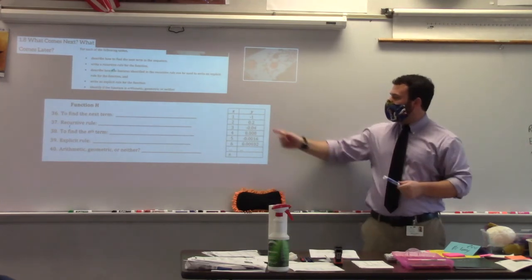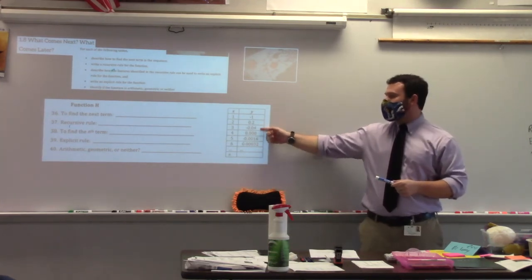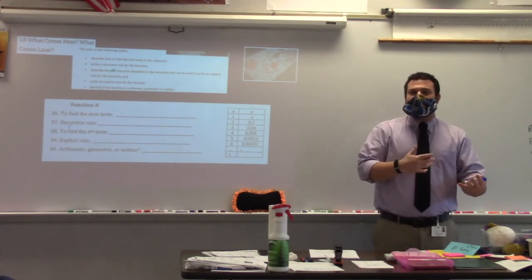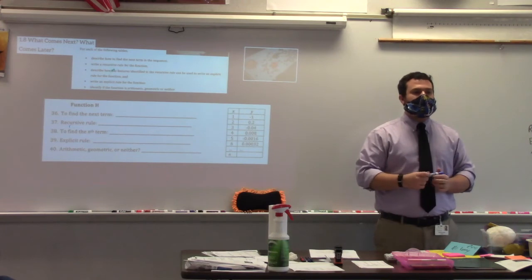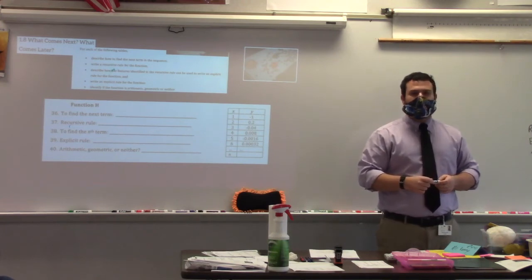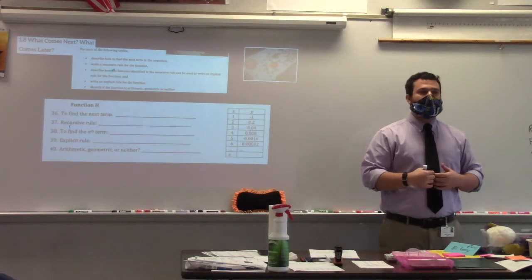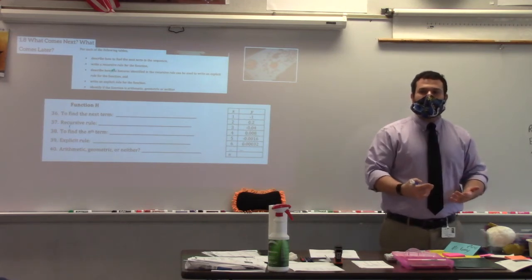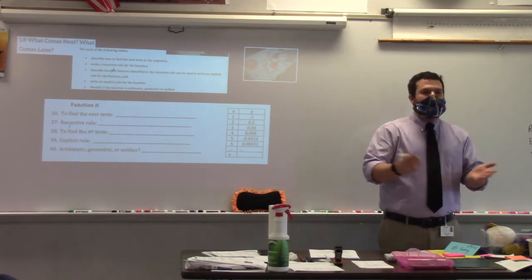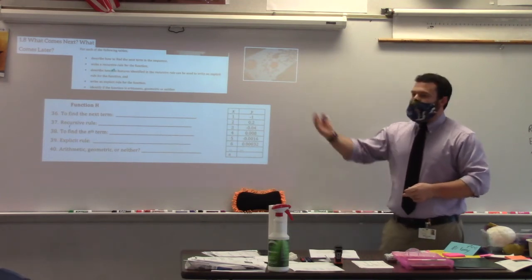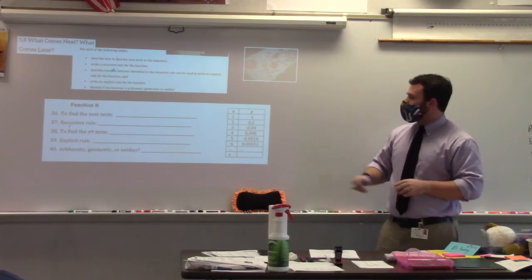That's going from a negative to a positive and then a positive back to a negative. What's the only thing you can do to alternate back and forth between negatives and positives? Add and subtract? Multiply and divide? Multiply by a negative, right? The only way you can alternate back and forth between negatives is to multiply or divide by a negative. So it has to be a common ratio.